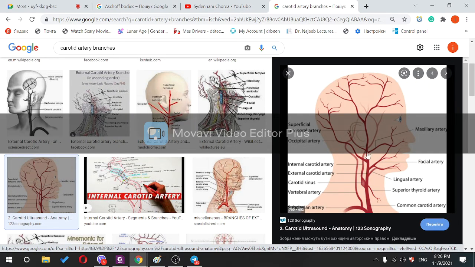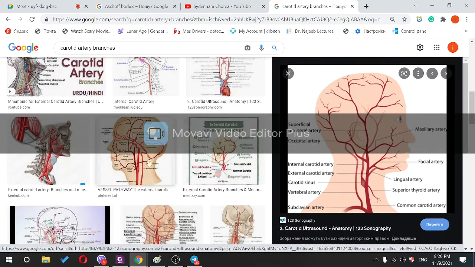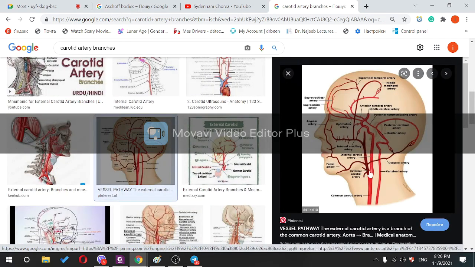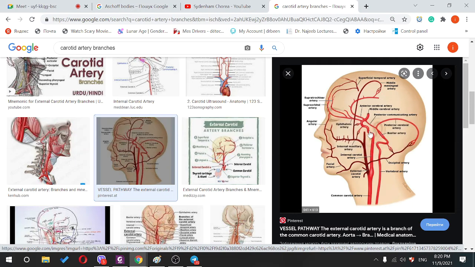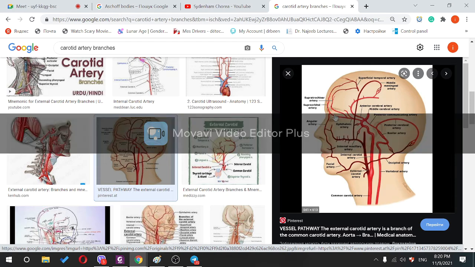So all of these are external, and you can see the internal one as well. But for us now, what is important is the internal one. The first branch to go from the internal one is the ophthalmic artery. So in case of giant cell temporal arteritis, one of the first branches to be affected is the ophthalmic artery, leading to irreversible blindness.